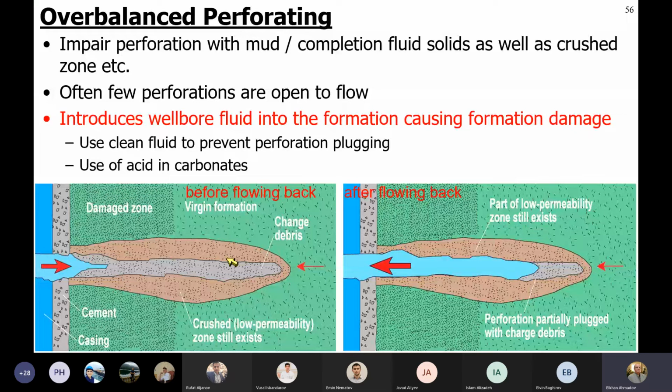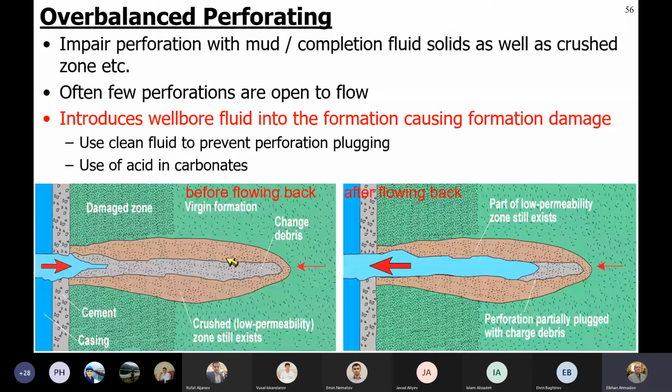But still some crushed zone around the perforation tunnel will be there, and this material from the jetting will stay there. So the perforations will still be partially plugged with charge debris, squeezed rock materials, etc.